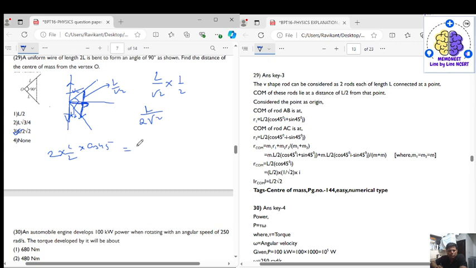So this will be equals to 2 into L by 2 into 1 by root 2. Right? So wait a minute.